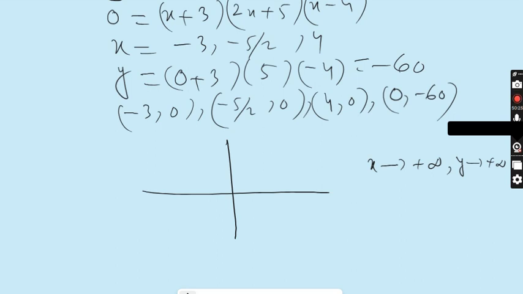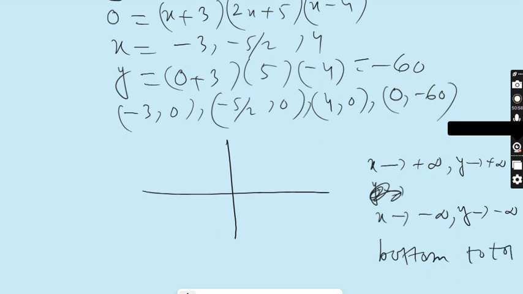You can see on the screen, for any positive value of x, y is also positive. As x approaches negative infinity, y approaches negative infinity. For any negative value of x, y is also negative. Therefore, the graph is from bottom to top.